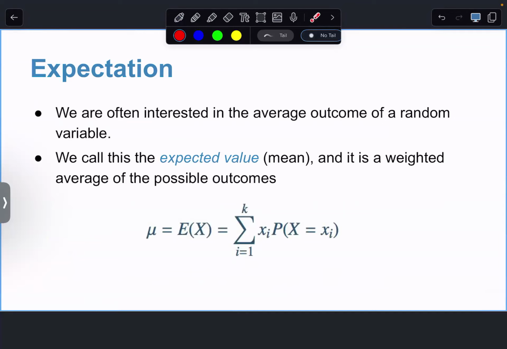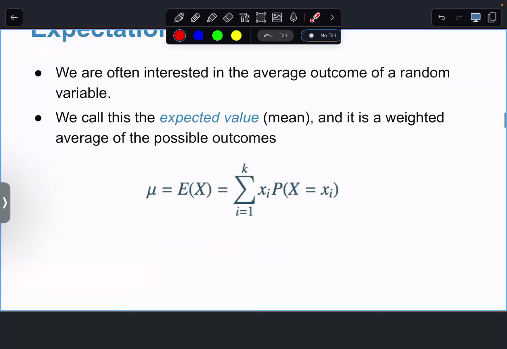So the expectation is one of the main things that we're going to talk about in terms of random variables. Okay. And so the expectation is the average. The average outcome of a random variable. So on average, how much money would you expect to make, right, if you're playing this specific game? So we call this the expected value.